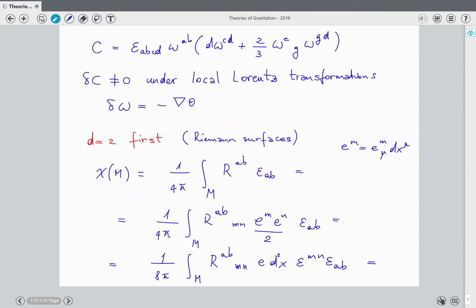A Riemann surface is something like this, and its Euler characteristic is 2 minus 2g, where g is the number of handles or holes.